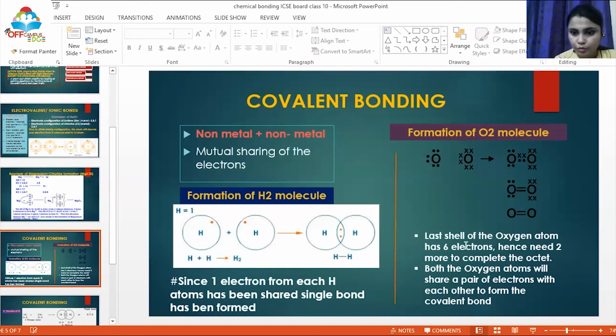So what will it do? Both the oxygen atoms will share electrons with each other. So here they are sharing 2 pairs of electrons, 1 pair from each. So that is why the bond formed here is a double bond, and it's a covalent bond.